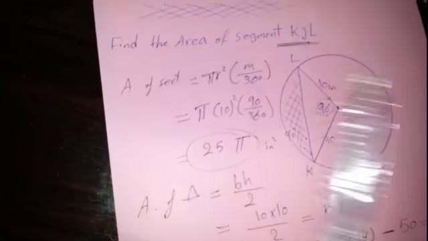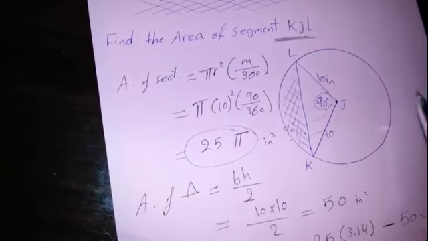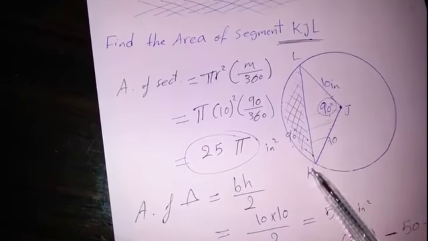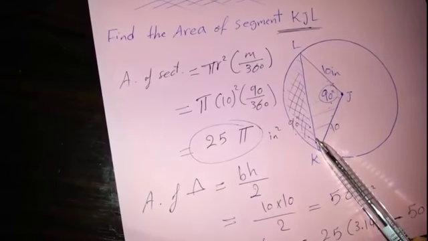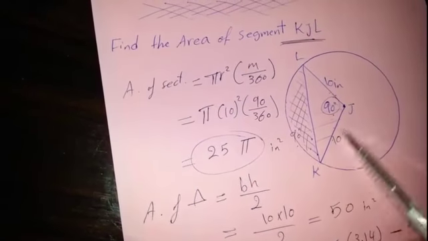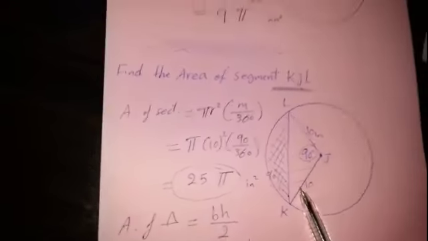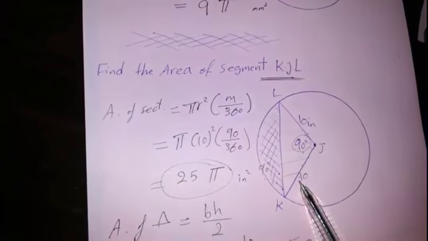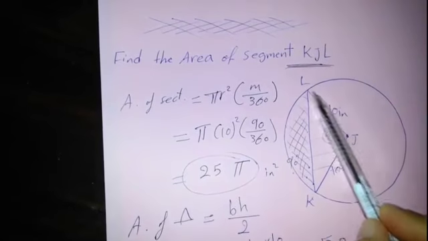Again, the question was to find the area of the segment KGL. This is a segment, KGL, this one, so I need this whole part. First step, find the area of the whole sector, the same as what we have done above. After we find the area of the whole sector, we find the area of the triangle inside, triangle LJK.